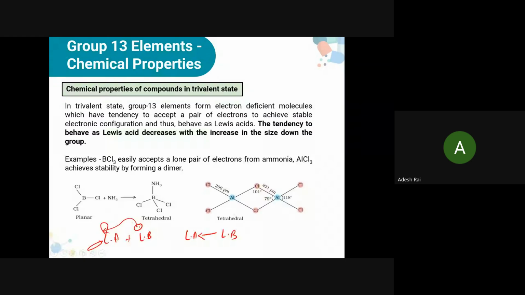This denotes adduct formation. You can see BCl3 is here, no? Boron has a vacant p orbital and nitrogen has a lone pair. The lone pair will be donated into the vacant orbital of boron, and the resultant compound will be called an adduct. Always remember that in an adduct, the Lewis acid and Lewis base are attached by a coordinate covalent bond.